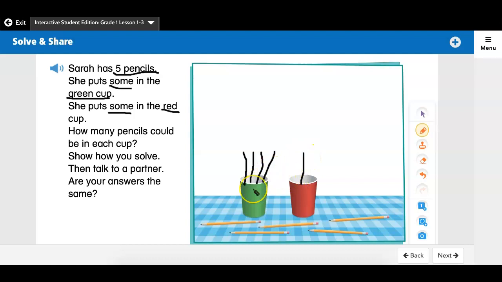We could put 4 pencils and 1 pencil in the red cup. We could do it that way as well. But as long as you have 5 pencils in total, either of those ways or a different way that you find will be just fine.